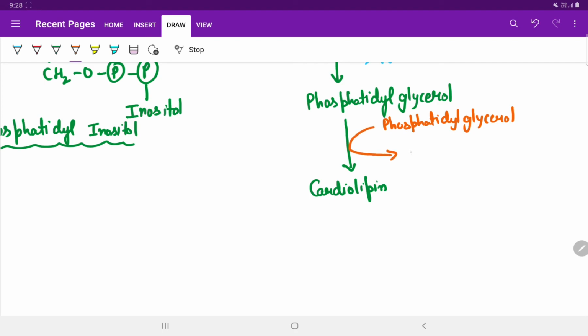This phosphatidylglycerol is reduced to form a molecule of glycerol and leads to formation of cardiolipin, also known as diphosphatidylglycerol.